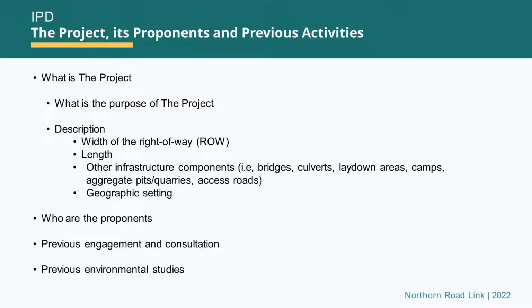Yeah, so even though the document is called an initial project description, there's a lot of detail that goes into it, and the first one is a very handy dandy summary component of the IPD, which helps describe the project, starting with what is the project, what is it meant to do, what is the purpose of the project, including a descriptive account of a project like the Northern Road Link, which includes a description of the width of the right of way.